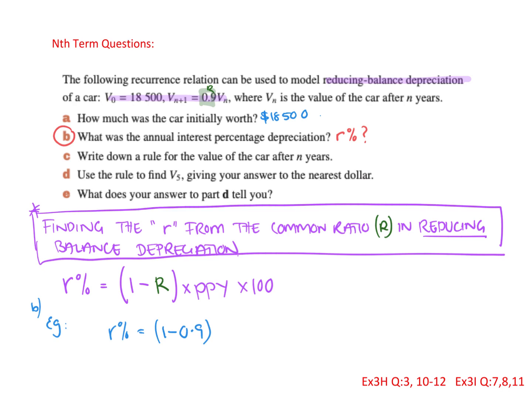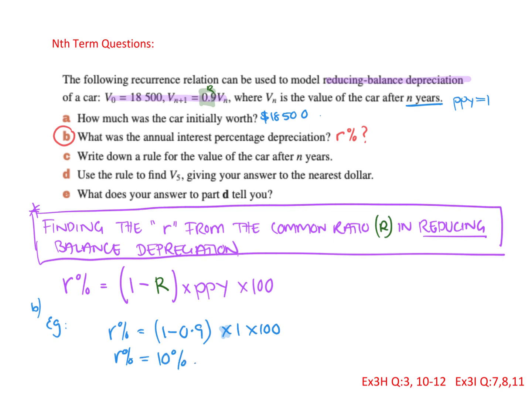So we're going to do 1 minus 0.9, now times the PPY. This is just every year. So after n years, that's telling me PPY equals 1. So times 1, and then always times 100, because that's going to give us the percentage. So if you type that out on your calculator, you'll see that it's 10%.